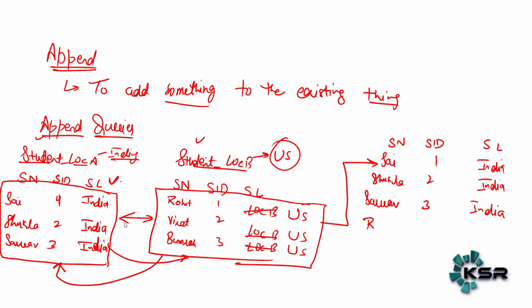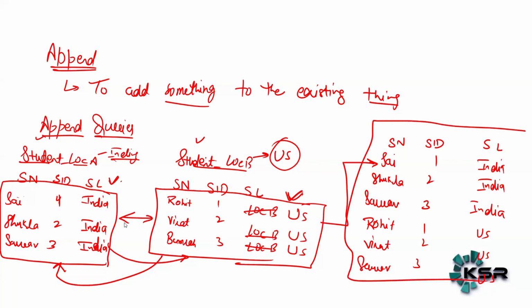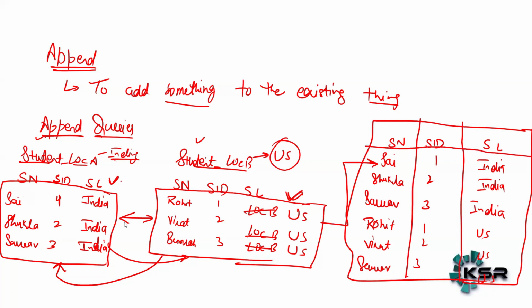And then you will get all the records from this table: Rohit, Virat, Bumrah, 1, 2, 3, US, US, US. So this is how append queries will work, guys. Simple, clear with the concept.